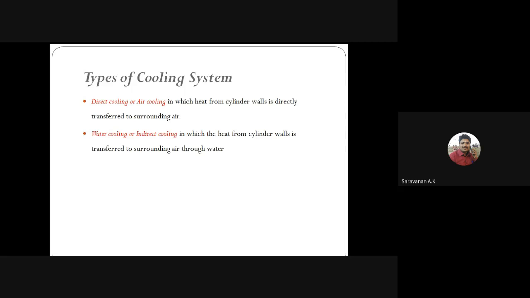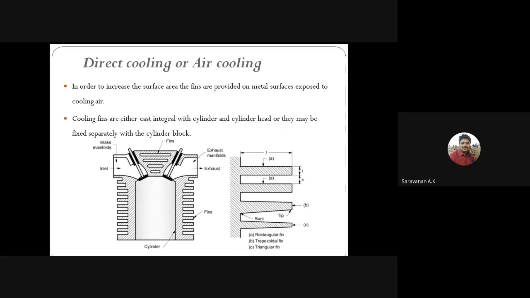For the direct cooling or air cooling system, we transfer the heat from the system to the surroundings without any medium. For that we are using fins. Fins are one of the methods for cooling.